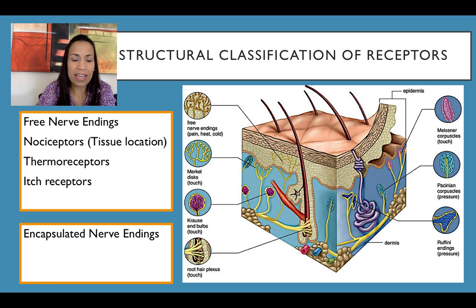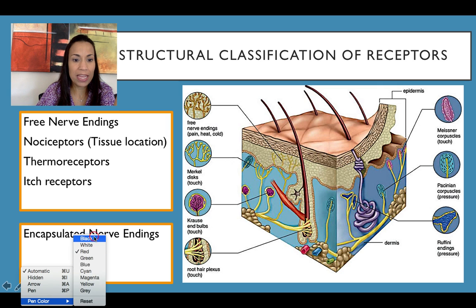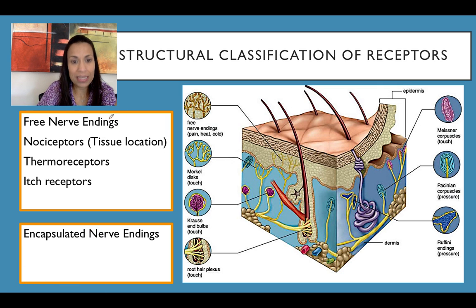So free nerve endings usually detect pain, and that pain usually is located in the epithelia and in the connective tissue, which are, by the way, the two most common types of tissue in the body, but they are not present in muscle or nervous tissue.